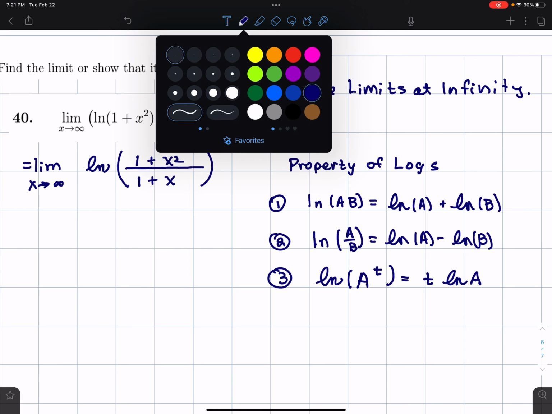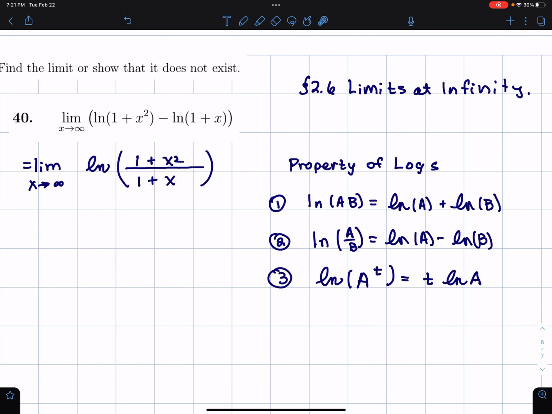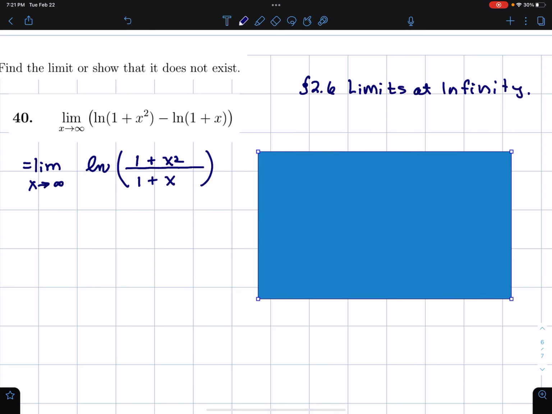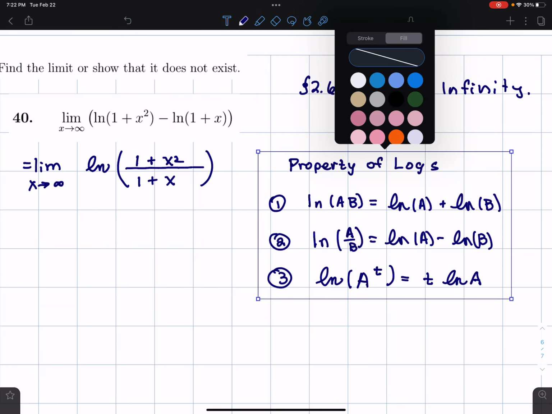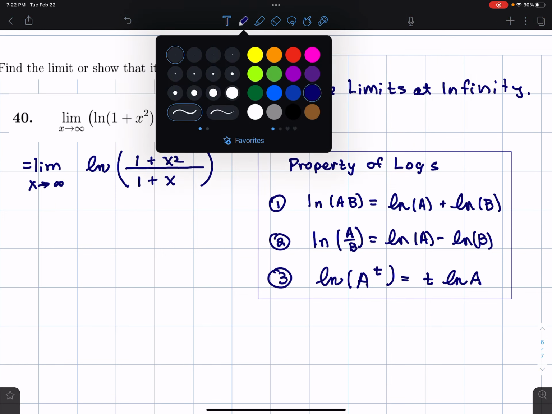I drew that little line like it's traveling or something, like it's alive, but anyway, I just put it over there. But that's a property. And those ones you have to memorize.